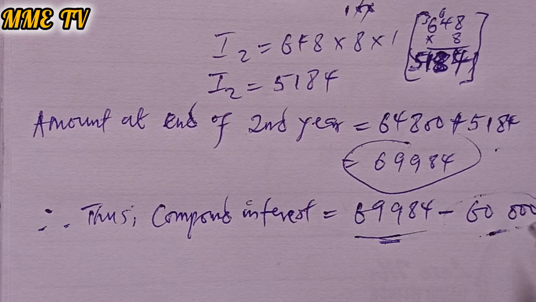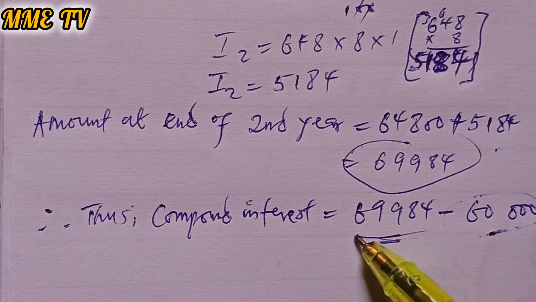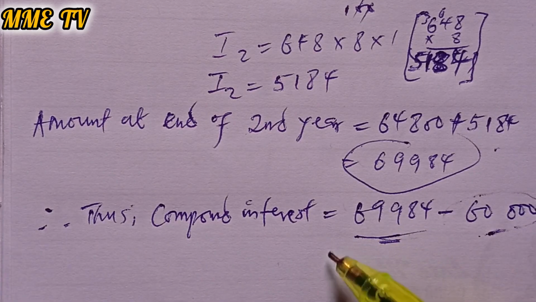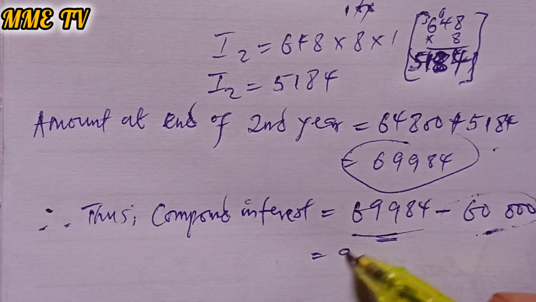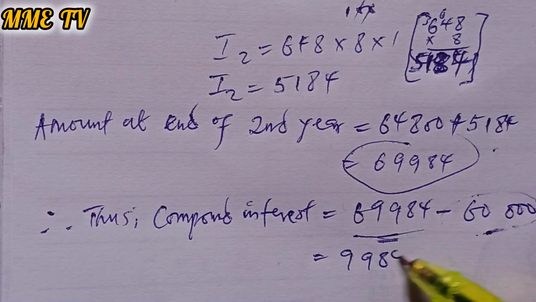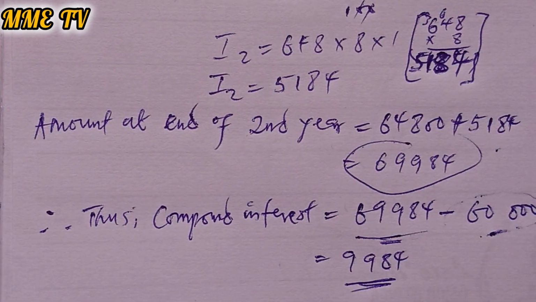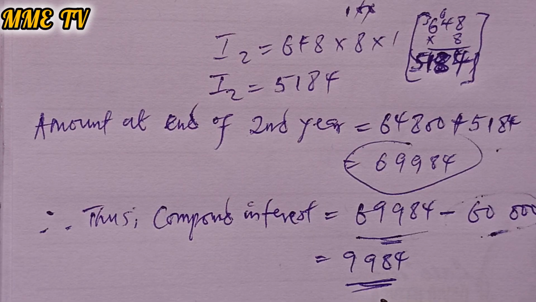Everyone is supposed to know that these are zeros, right? And this is 6 and this is 6. You don't need to do much. This is equal to 9,984. Now, this is the total compound interest. Remember, for a period of what? For a period of 2 years.